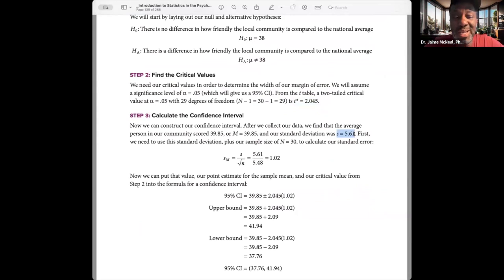So we're going to use that to calculate the standard error. This is how you see that right here, 5.61 divided by 5.48. That gives us the standard error of 1.02. And then we use that to fill out the example. So all of the answers are here, and that's fine.